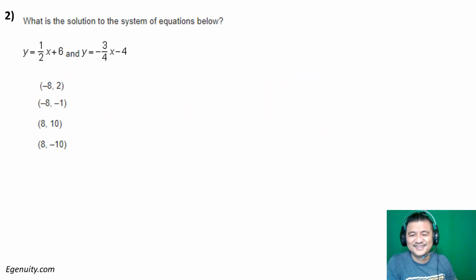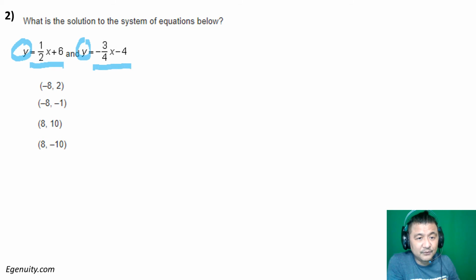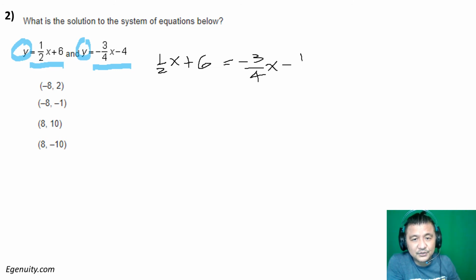Okay, next. So we have two equations again. Now y is alone, very good. It will make our lives easier, meaning they are equal to each other. So if they're equal to each other, let's write down 1/2 x plus 6 should be equal to -3/4 x minus 4.